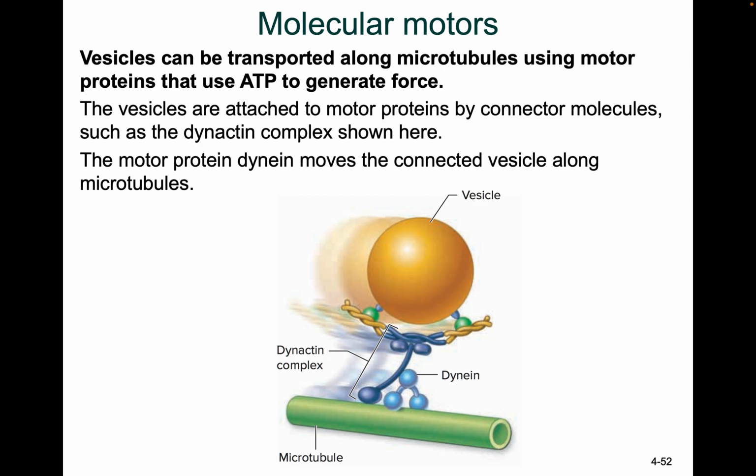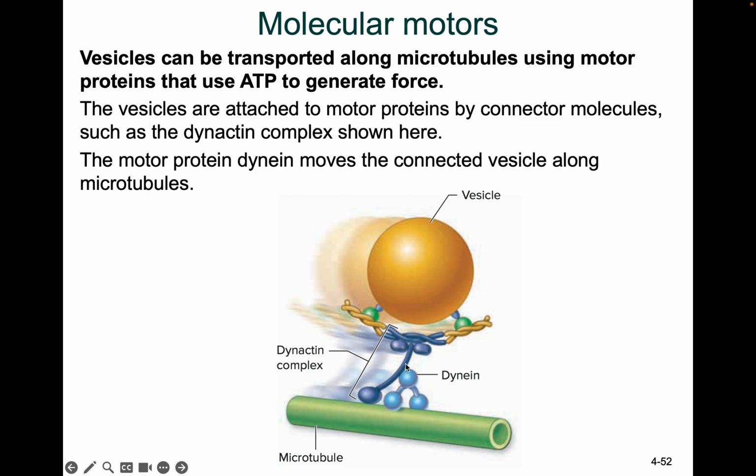But of course, the vesicle by itself cannot just move along the microtubule. It needs another protein for that. So you need a car. Think about it this way: the vesicle is one big container that you cannot move. It's too big. So you need a car, and this is exactly what molecular motors are. An example of a molecular motor is dynein. You see this dynein over here. This is the car.